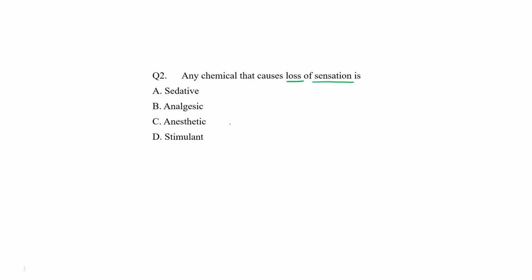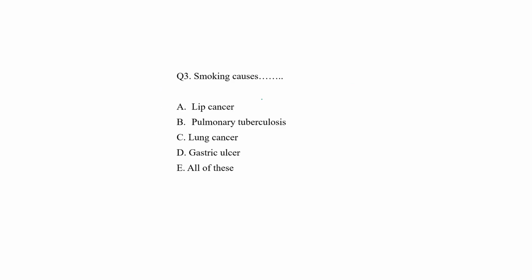Anesthetic also comes under the deep sedative category, but generalized loss of sensation occurs with the help of a sedative. Okay, the patient is sedated and then falls asleep, and the loss of sensation occurs. So the correct answer would be choice number A.